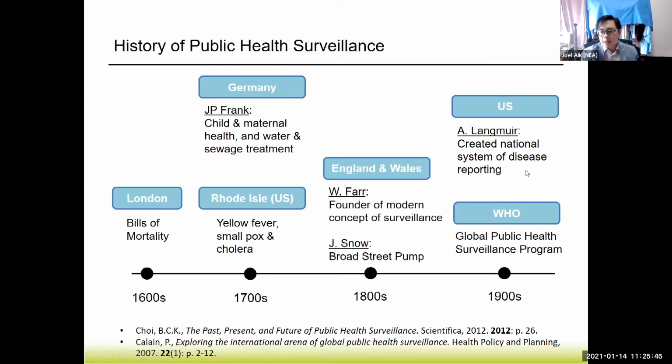And then, of course, in the 1900s, in the US, Langmuir created the National System of Disease Reporting, and WHO also established a global public health surveillance program. I've listed some of these articles below, and then you can read them in your own spare time.